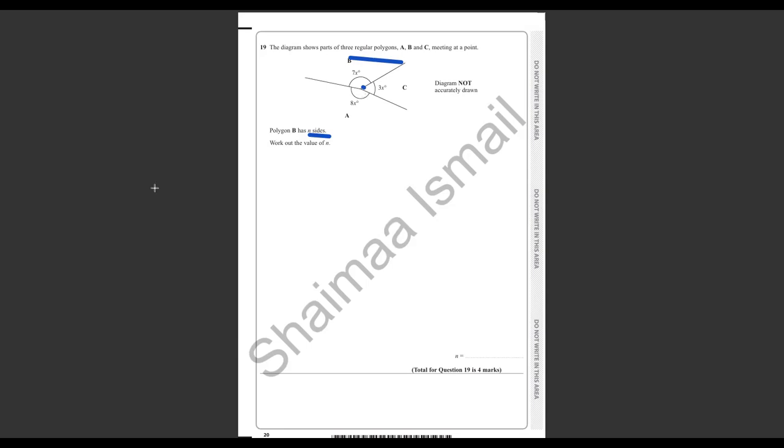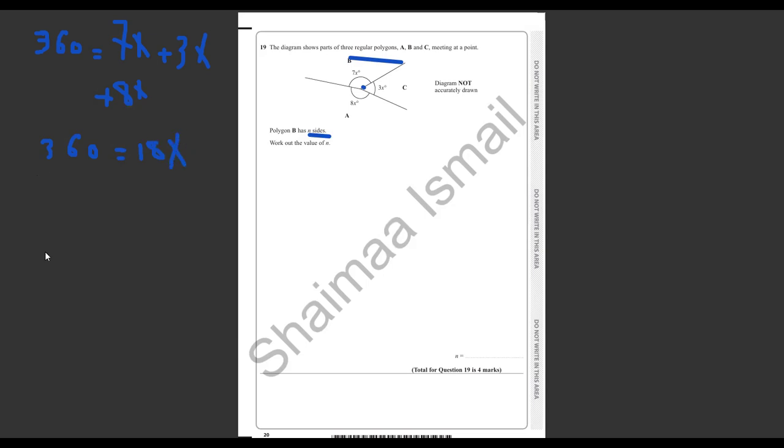First of all, we have to get the value of x, which is very easy to get. We say that 360, which is the total of the angles around a point, would be equal to 7x plus 3x plus 8x, which equals 18x. So 360 equals 18x.